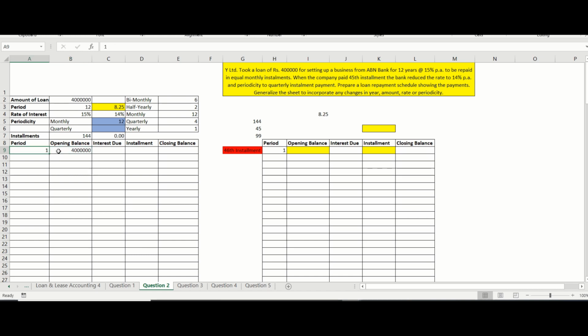सो द पीरियड इज 1. माय फॉर्मूला विल बी इफ, एक्चुअली यहाँ पे इफ कंडीशन लगाने की ज़रूरत ही नहीं है, क्योंकि हमको पता है कि 45 इंस्टॉलमेंट तक ही ये चलेगा. तो लेट्स डायरेक्टली राइट इक्वल टू दिस प्लस 1 एंड लेट्स ड्रैग इट अप टू 45. ठीक है, 45 ends here, I think.